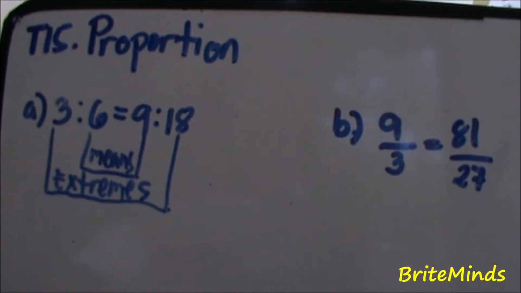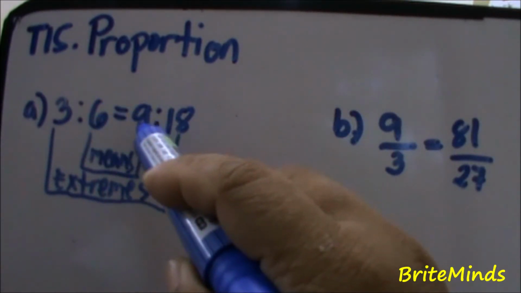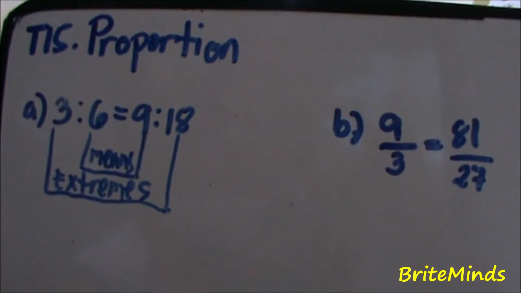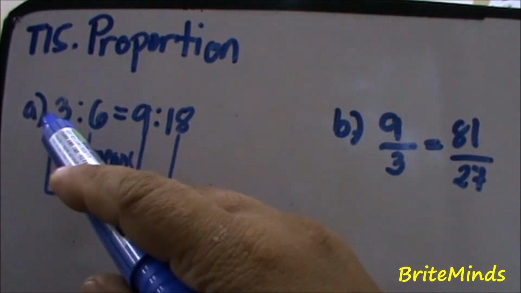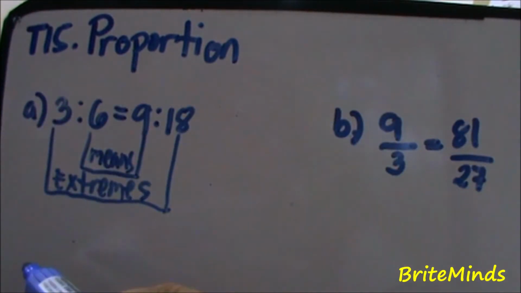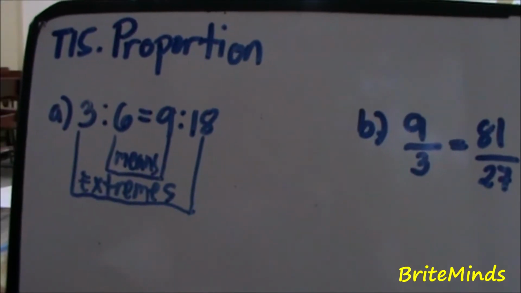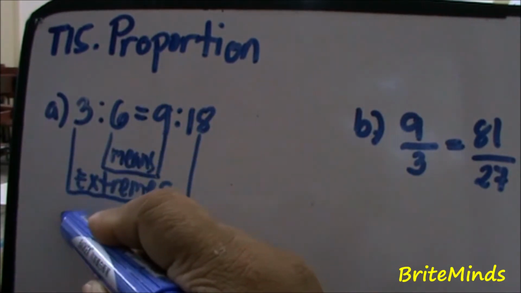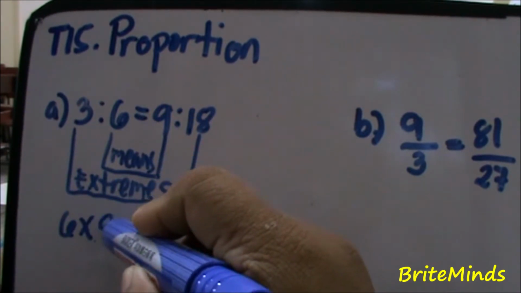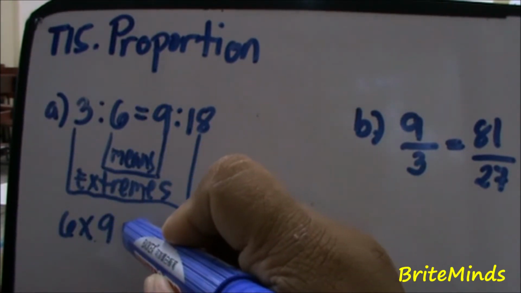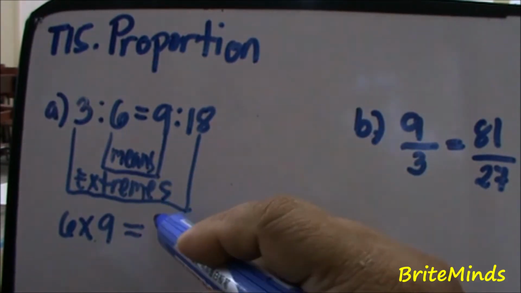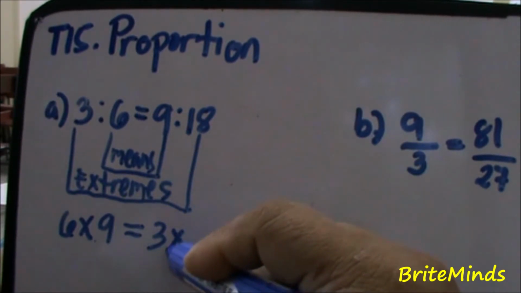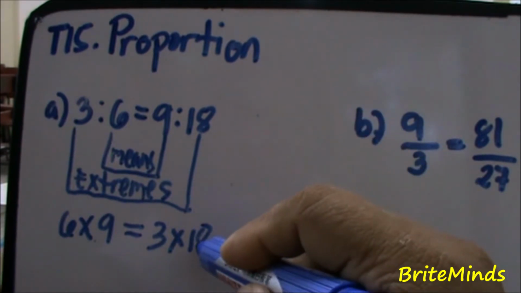So the rule states that the product of the means, 6 and 9, should be equal to the product of the extremes, 3 and 18. Let's see if it will be equal. 6 times 9, according to the rule, will be equal to 3 times 18.